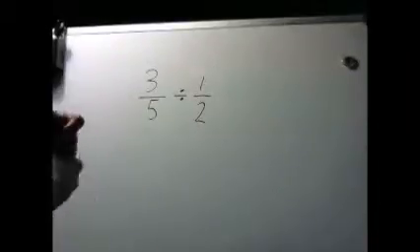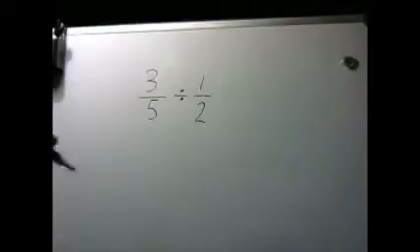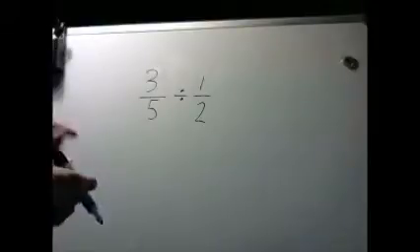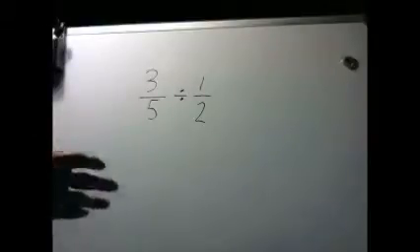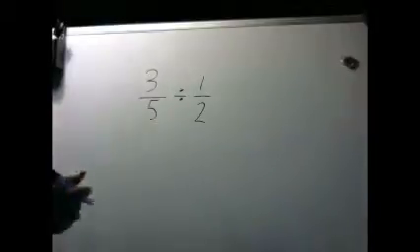Okay, now let's take a look at what it would look like to divide fractions. Now, it's really not that much more difficult than multiplying fractions. All we have to do is to recognize that when we're going to divide a fraction, essentially we're simply multiplying by the reciprocal. So what does that mean exactly?